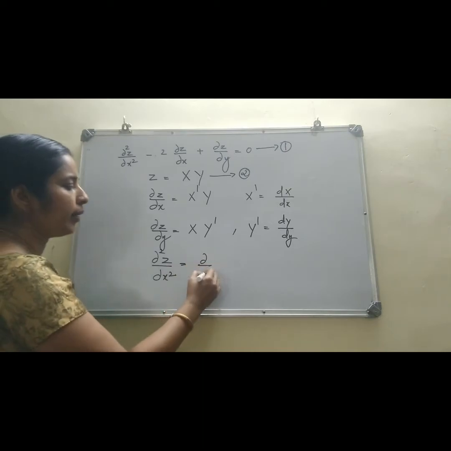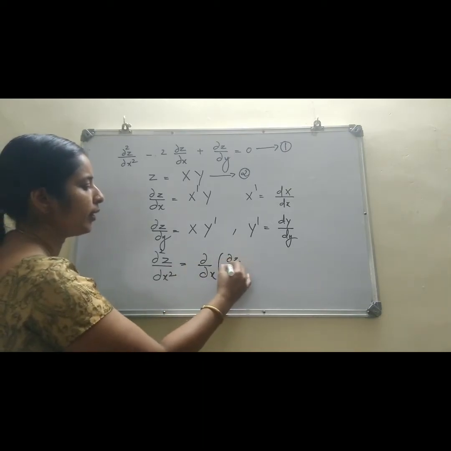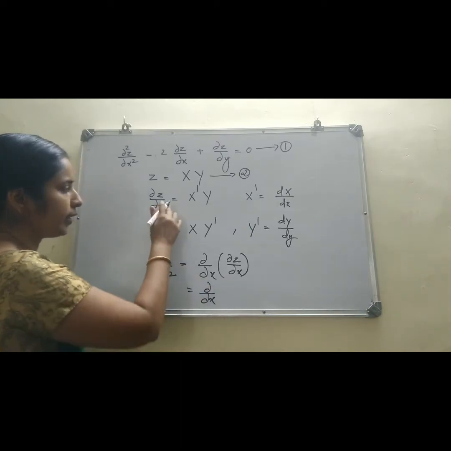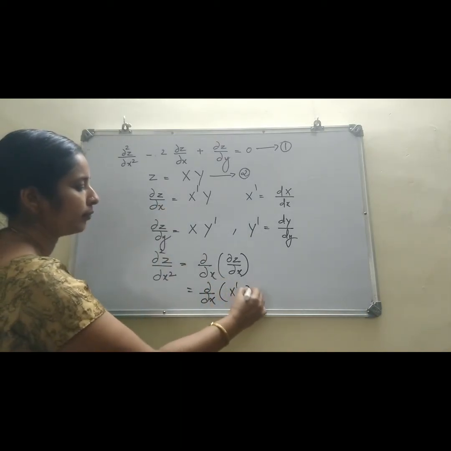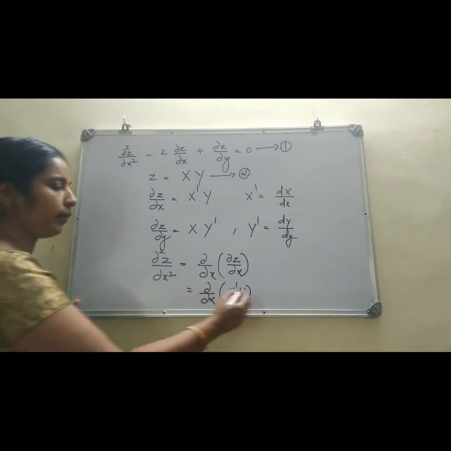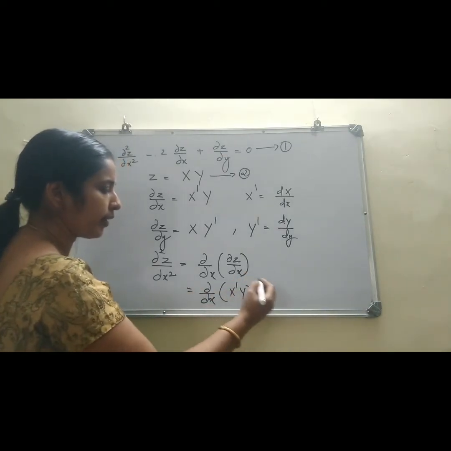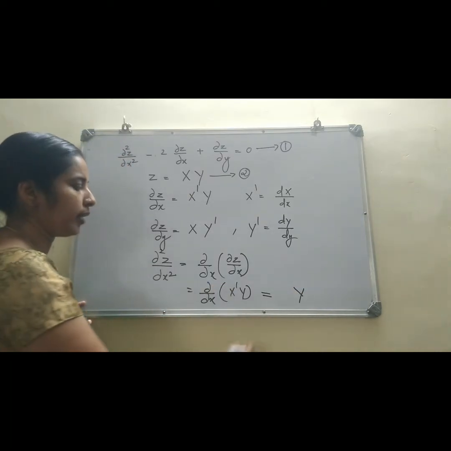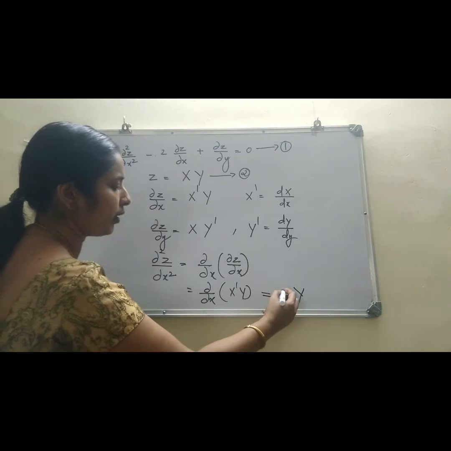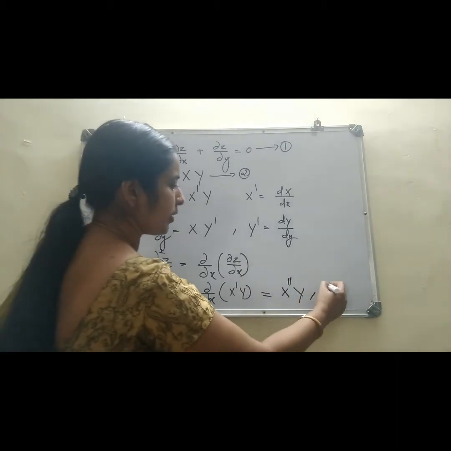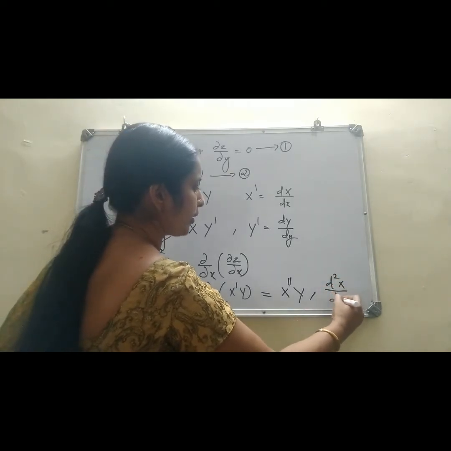This is ∂/∂x of ∂z/∂x, that is ∂/∂x of X′Y. Only X′ contains the variable small x, and here Y is a constant. So the derivative of X′ with respect to x is the usual derivative, and it is X″Y, where X″ is d²X/dx².